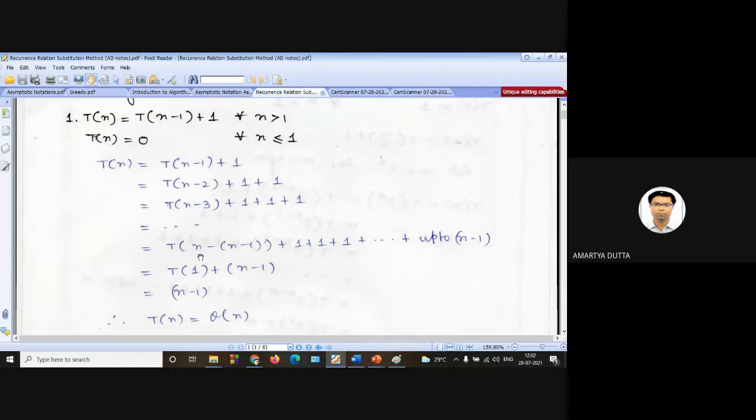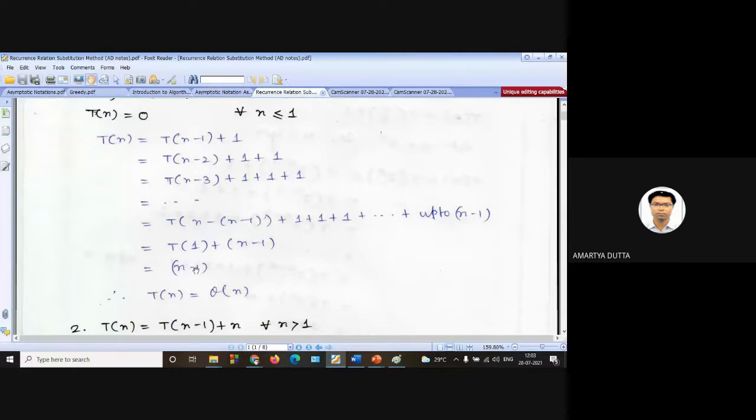The basis step is T(1), that is after n-1 steps, T(n-(n-1)) + 1 + 1 + 1 up to n-1. So T(1) + 1 + 1 + 1 up to n-1. From the second part, we get n-1, and from the first part we get T(1). Now T(1), when n is less than or equal to 1, is 0. So the first term is 0 and n-1 is the output.